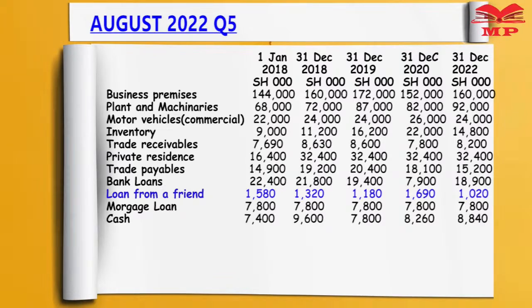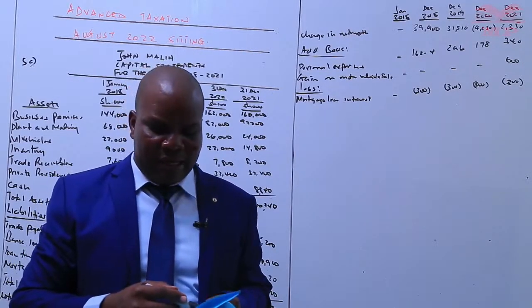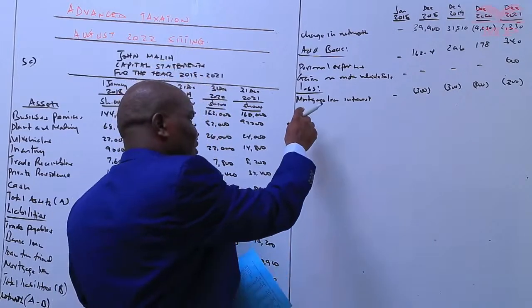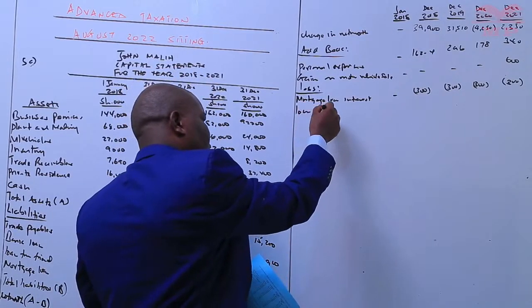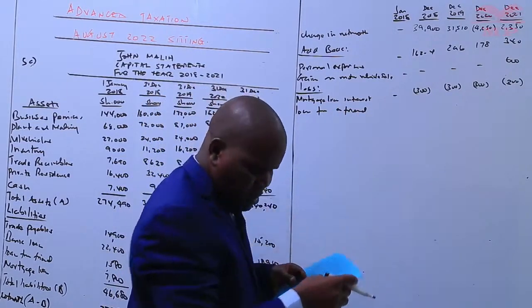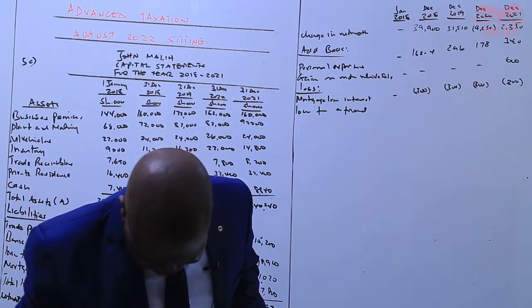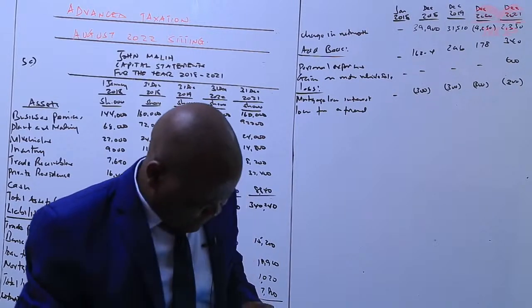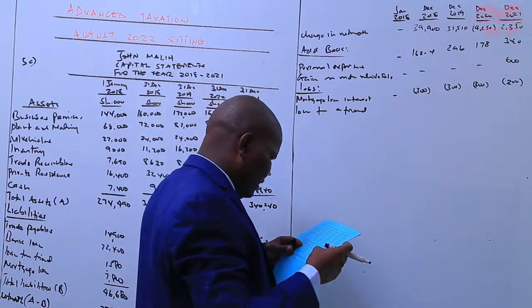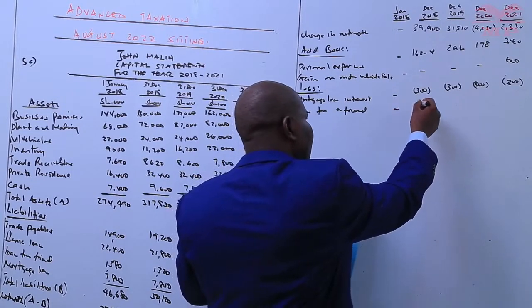And lastly, we have this item called loan from a friend. Now, loan from a friend is not a business item. Again, it is not a taxable income. So because of that, we deduct it to this point. So we write here, loan from a friend. 1,580 in January 2018, but 1,320 here.